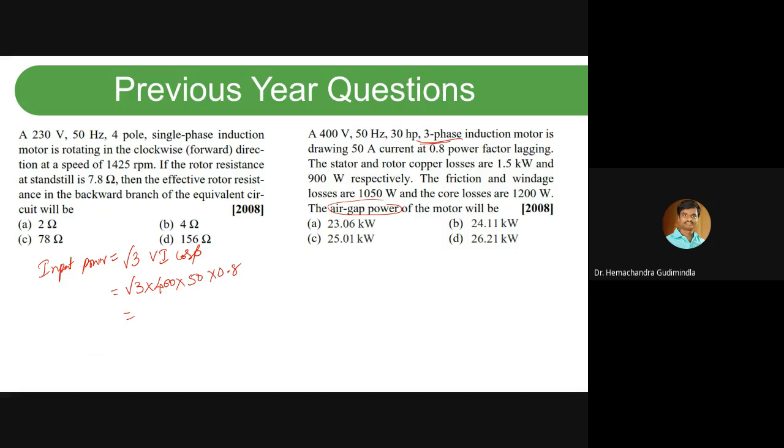Now how much will we get? Root 3 into 400 into 50 into 0.8, we will get 27.7128 kilowatts.